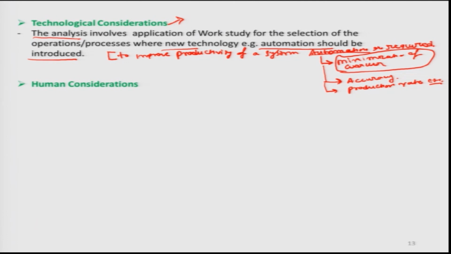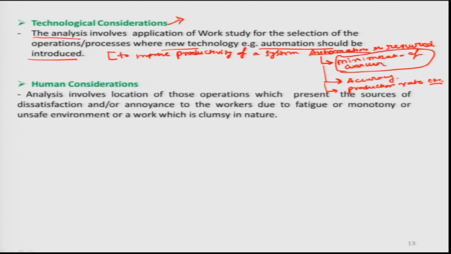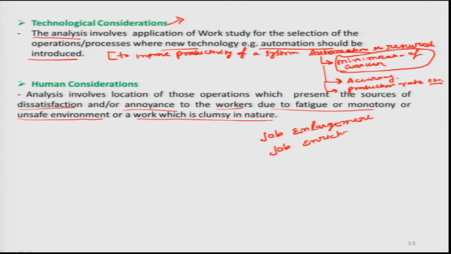Then you will have to take human beings into consideration. That analysis involves location of those operations which present sources of dissatisfaction and annoyance to the worker due to fatigue or monotony or unsafe environment or work which is clumsy in nature. That is why we studied in earlier slides job enlargement, job enrichment, and job rotation.